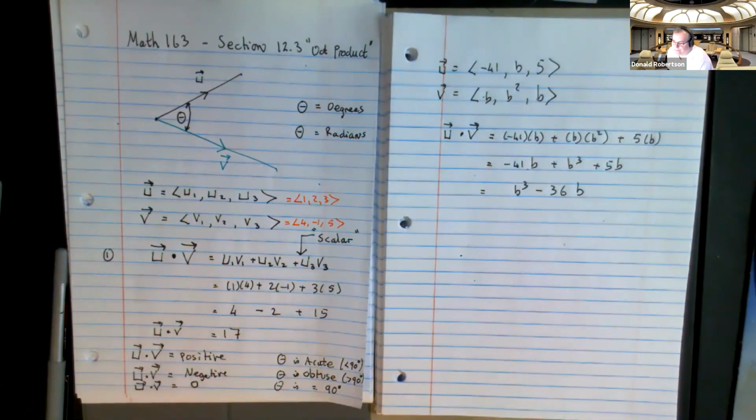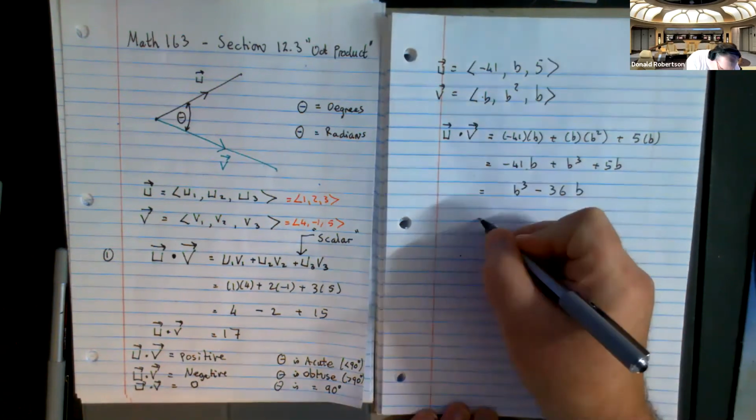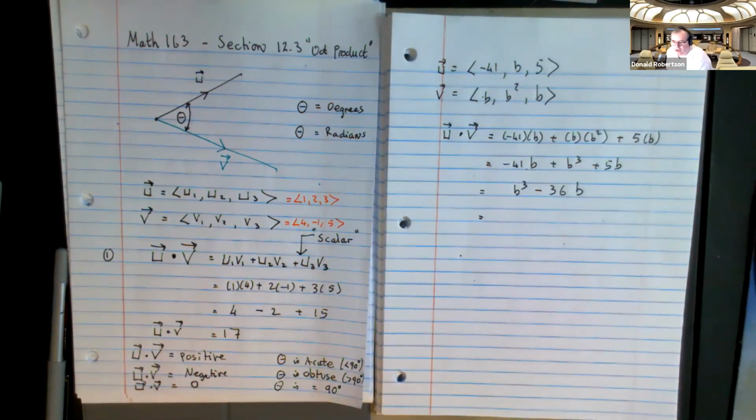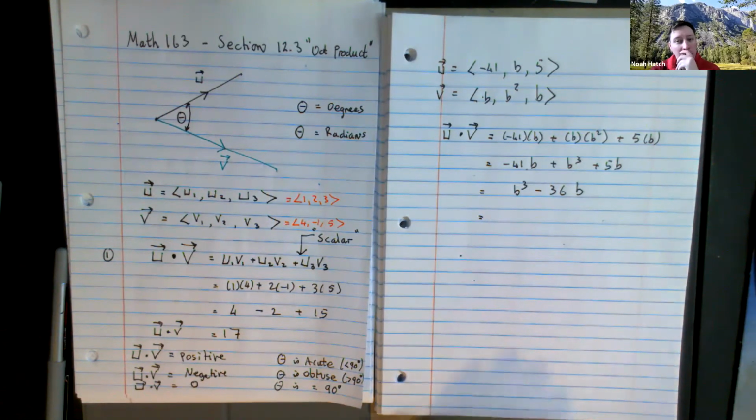So far, so good. Are we comfortable with the dot product just being an expression with b's? Let's take this a little bit further. I want you to do style points on that. Any idea what I could do to make it look prettier? Factor out a b. I would do that.